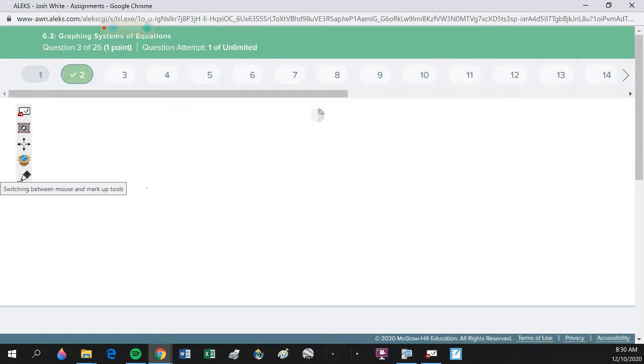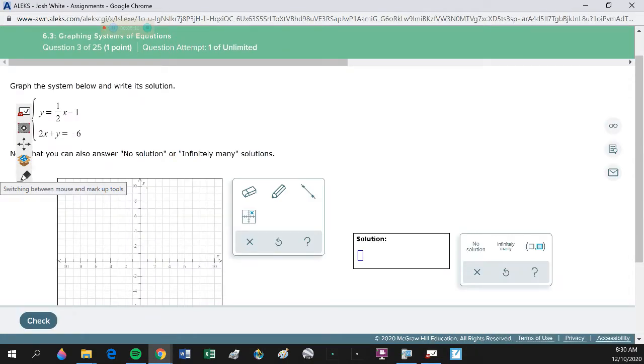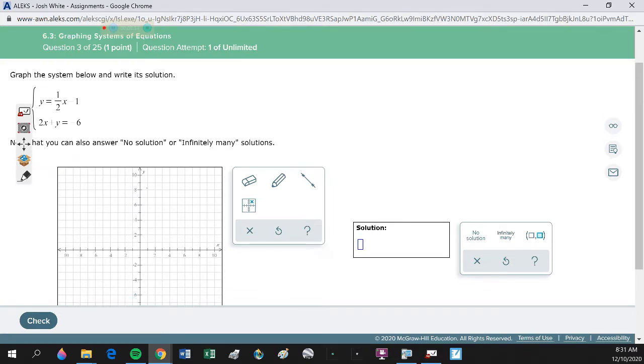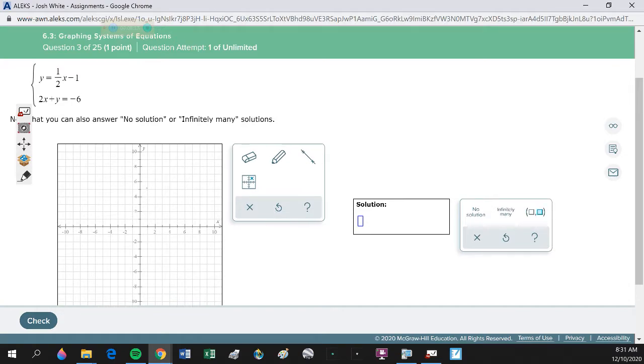Number 3. So graph this system. Graph them individually. So the first one, we start at -1, and then we go up 1 over 2. Right there. Okay.